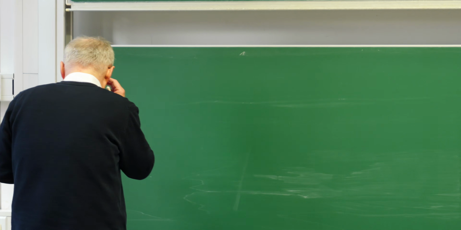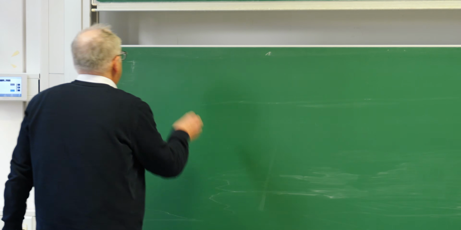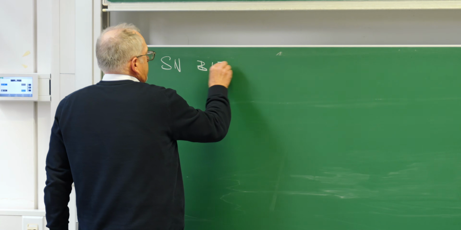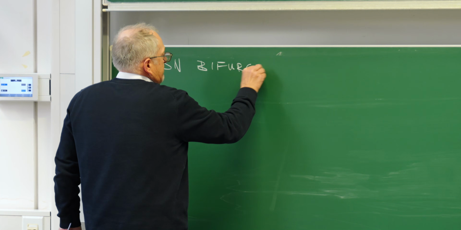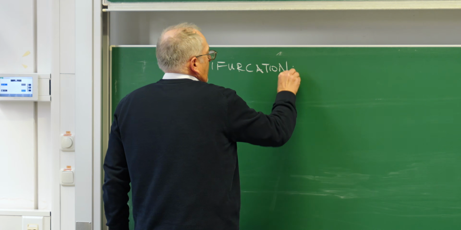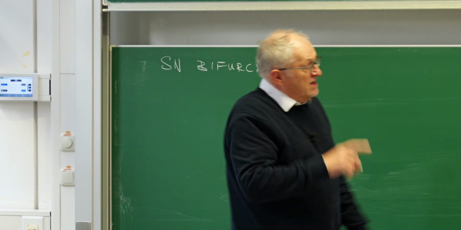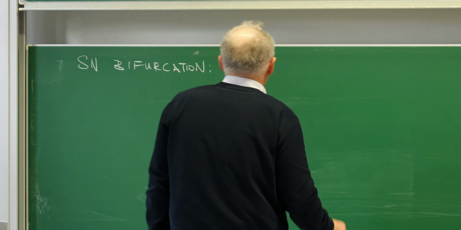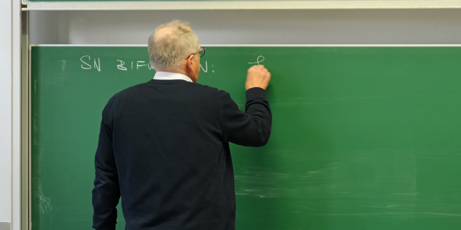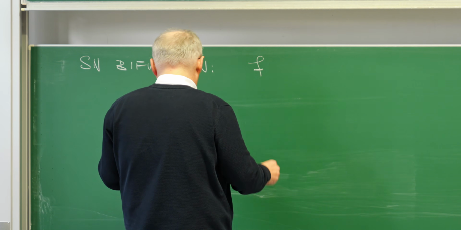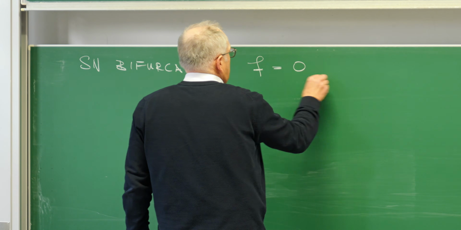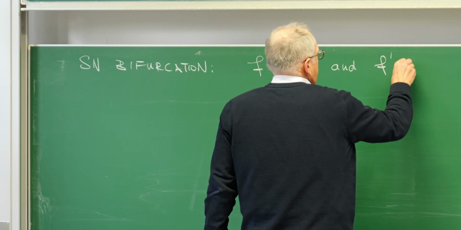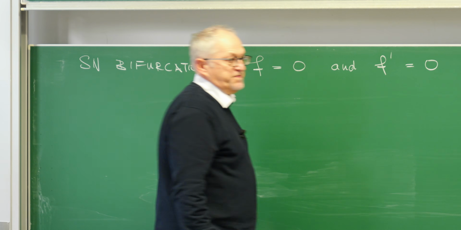So the equations are such that the saddle node bifurcation happens, right, when there is a tangency condition, and that means you do have a fixed point, so f is 0, and you have f prime being 0.